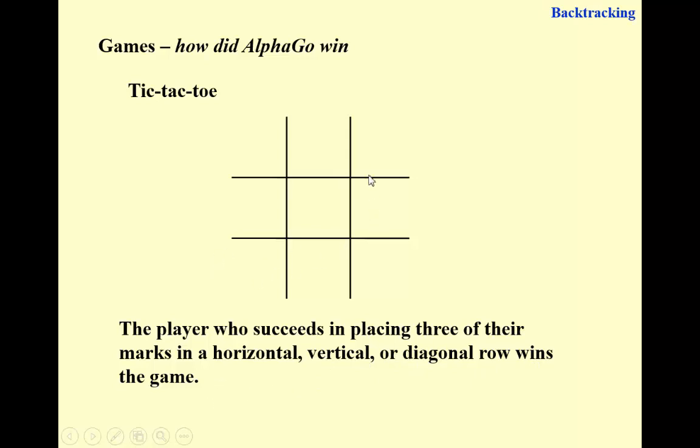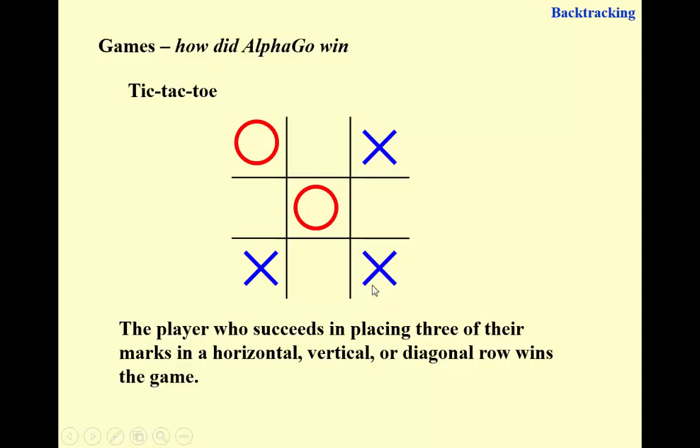Usually we let the computer place X first. So for example, the computer places X first, and the other one, say the human, places O here. Right, next, here's an X, and where would you place the next nought? Here. Alright, so who's going to win?